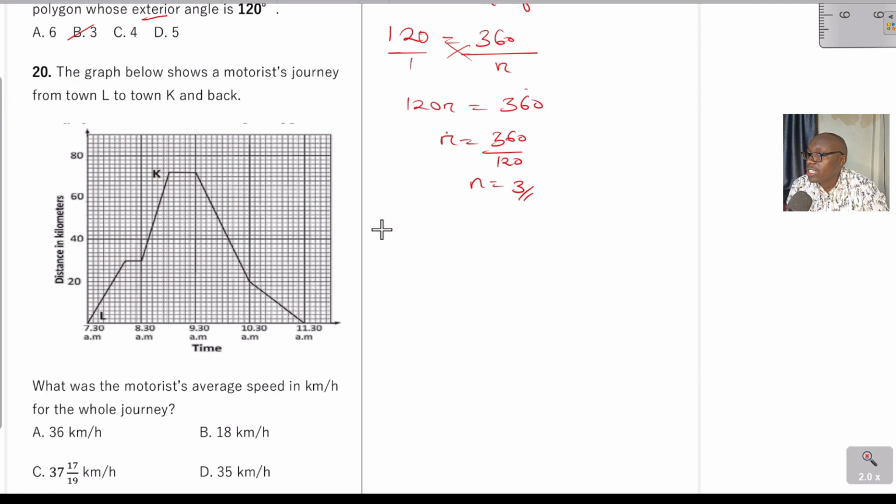So total distance will be, you can see where the distance is. Need to read this scale very well. So the distance up to that point, that is the distance in kilometers. So the scale is 1 centimeter represents 20.